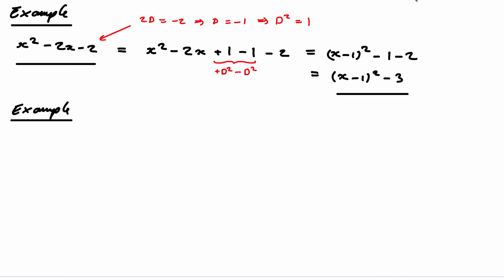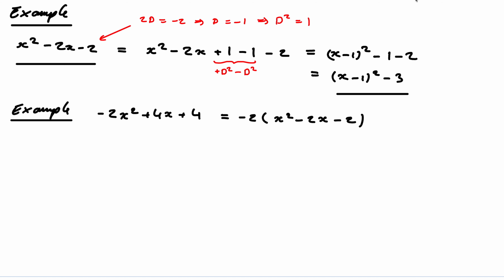Okay, so imagine I was confronted with, I don't know, let's do this guy: minus 2 x squared plus 4x plus 4. What I'm going to do is take out a minus 2 as a factor from everything. So I'm going to pull out a factor of minus 2. This would give me x squared minus 2x minus 2.